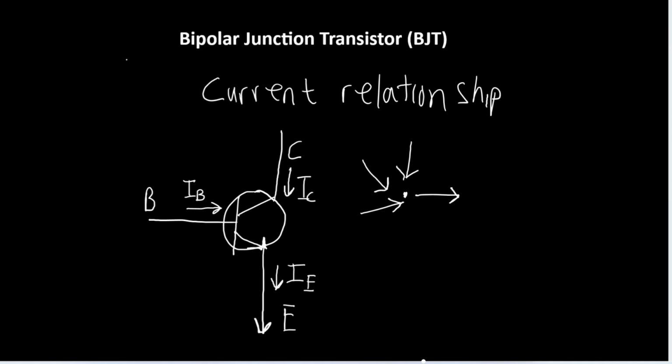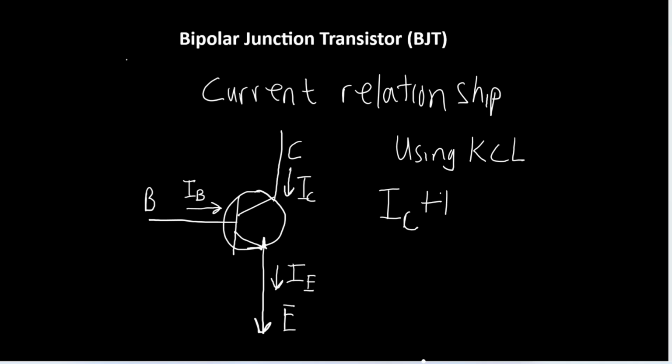So with the direction of our arrows in the diagram, we can say using KCL that IC plus IB is equal to IE.